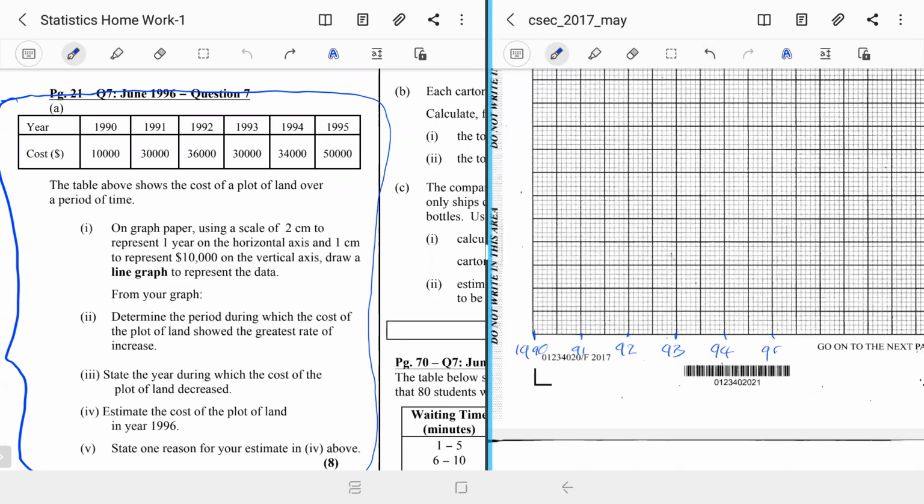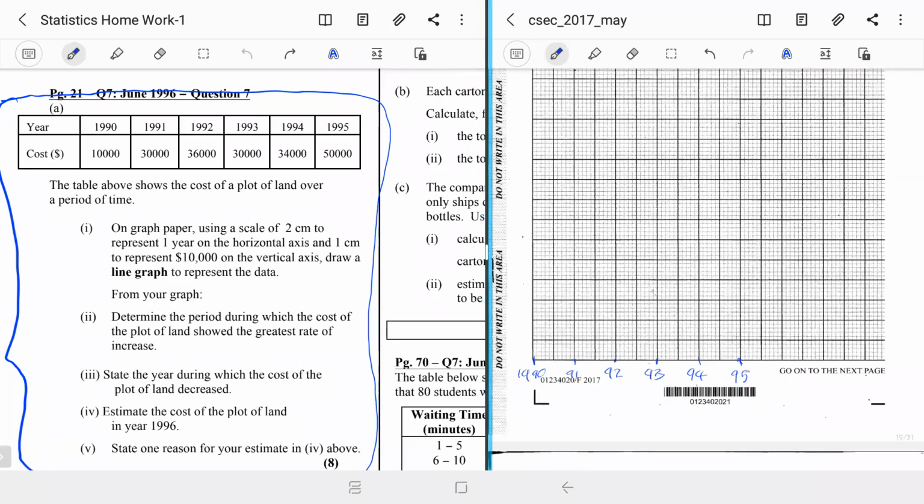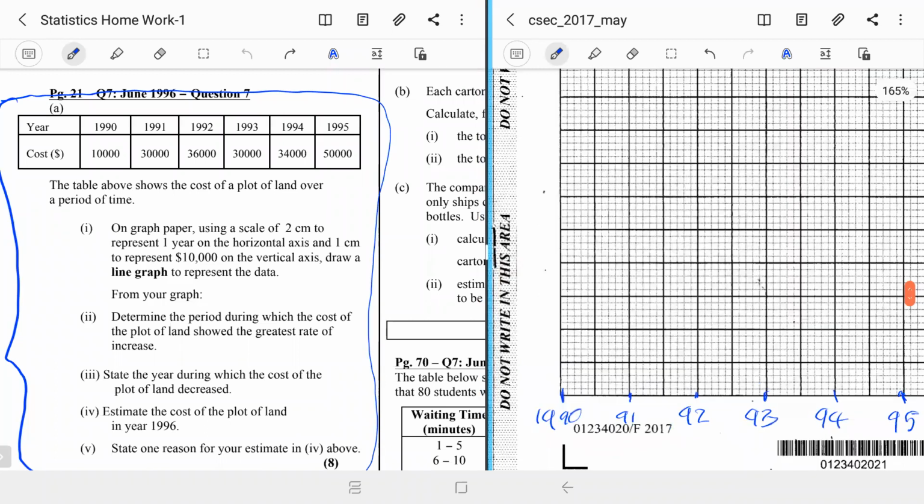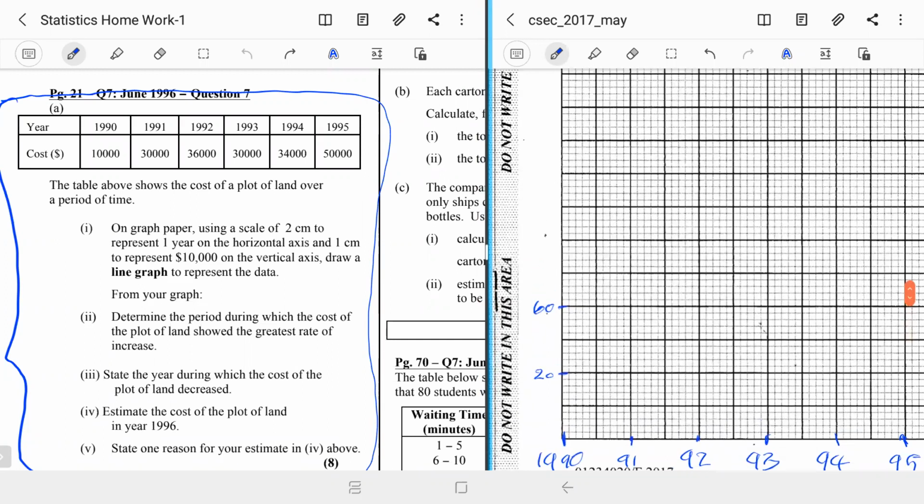On the y-axis, you must use 1 centimeter to $10,000. So 1 centimeter is 10, which means 2 centimeters is 20. I'm going to put 20, 40, and this goes up to a maximum of 50.